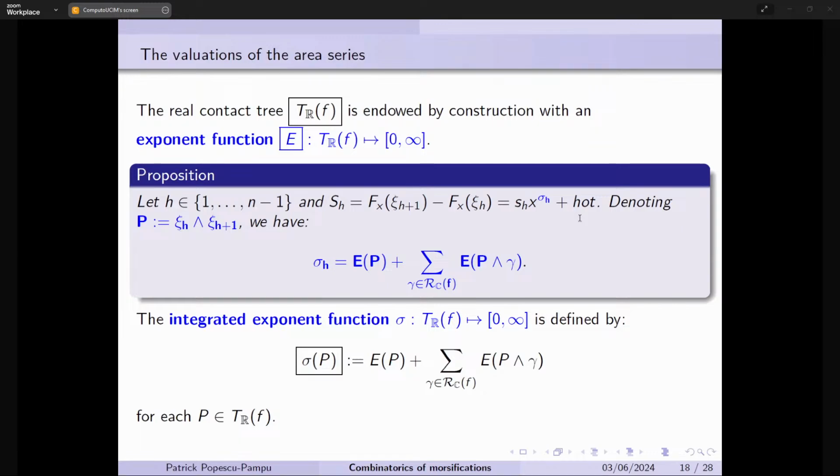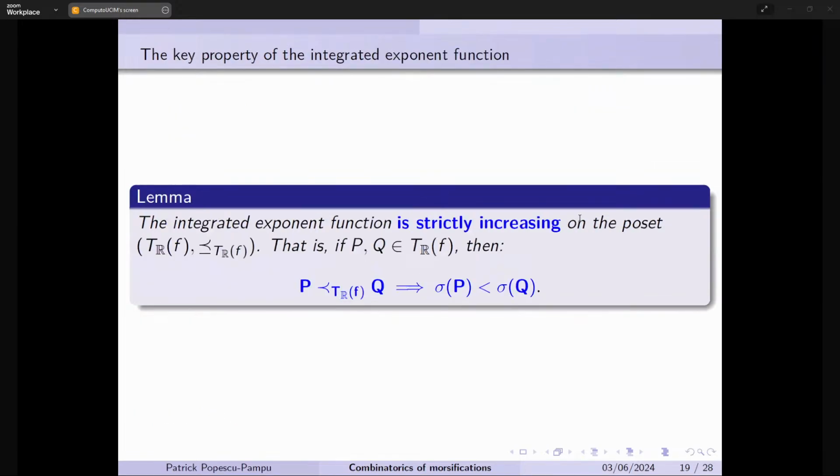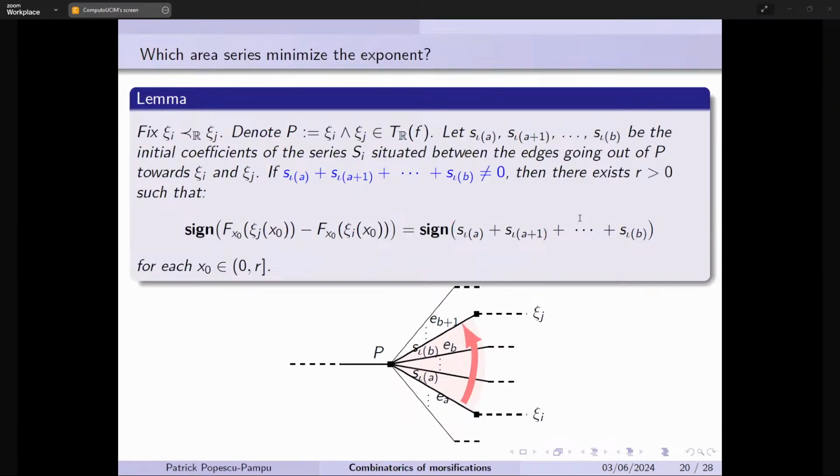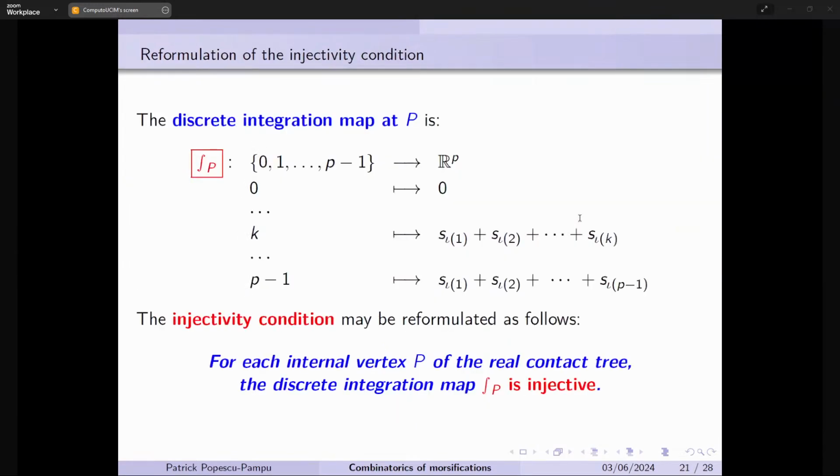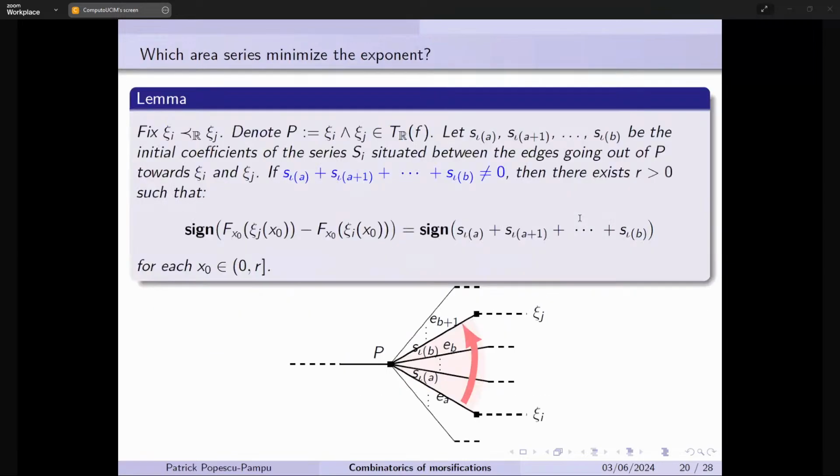And what allows us to see which realizes the minimum is the simple fact that this integrated exponent function is strictly increasing on the tree. We can determine the signs, and the signs are determined, in fact, by the function in which, you see, we take for each successive pair the corresponding initial coefficient.